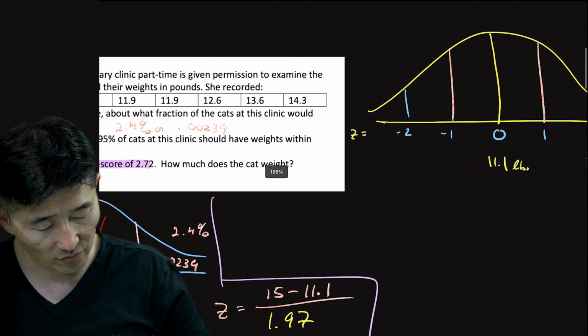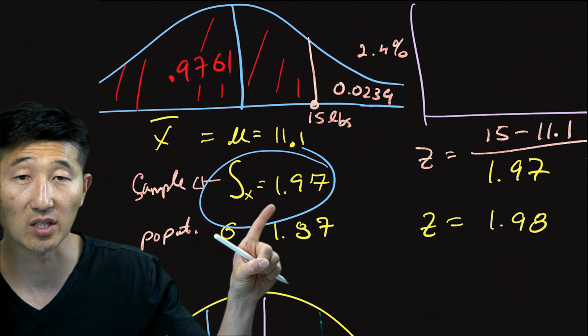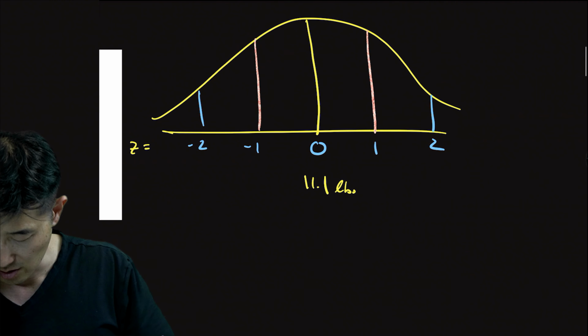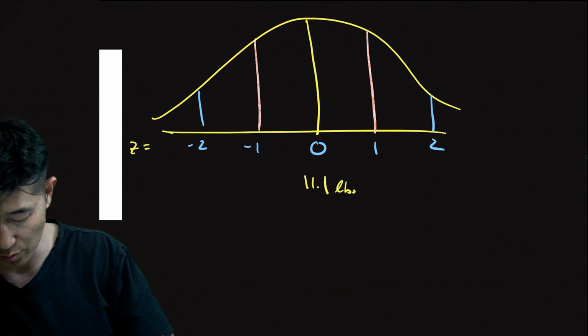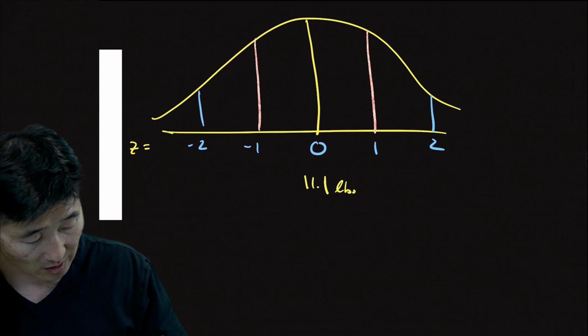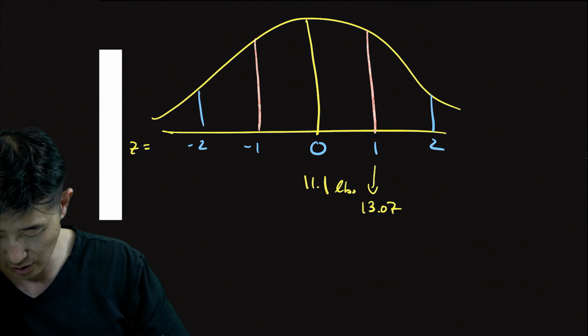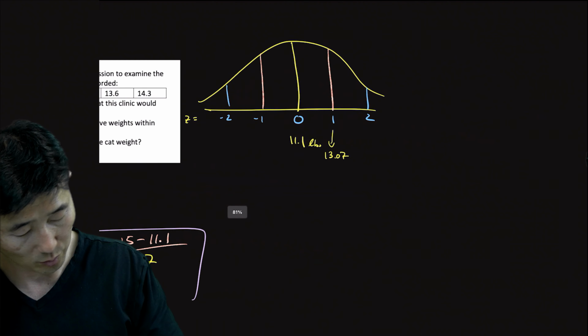Then if you move to the right, you have to add the standard deviation, right? Which is 1.97. So if I add 1.97 to the mean, 11.1 plus 1.97, this is at 13.07, and then plus 1.97.